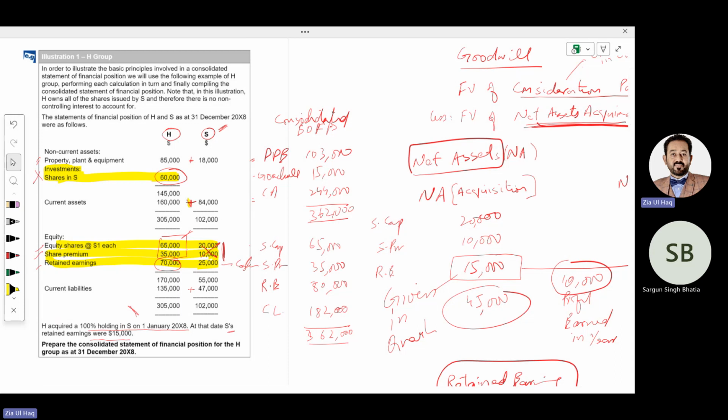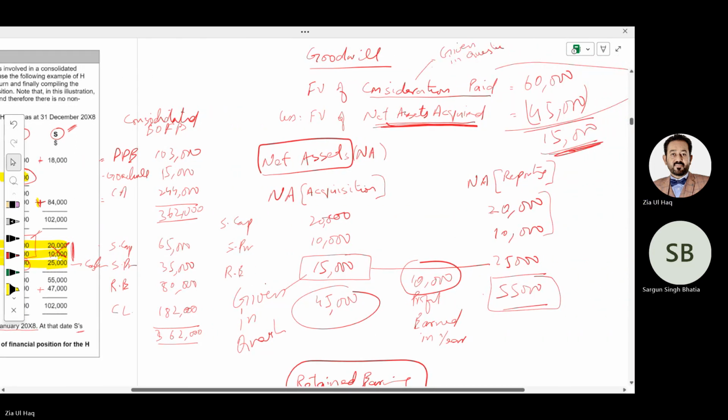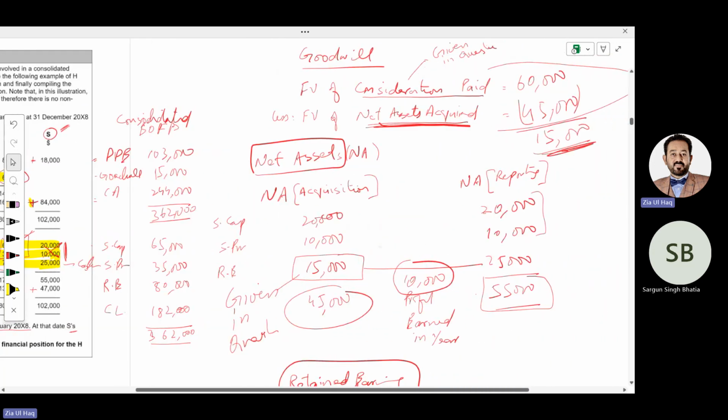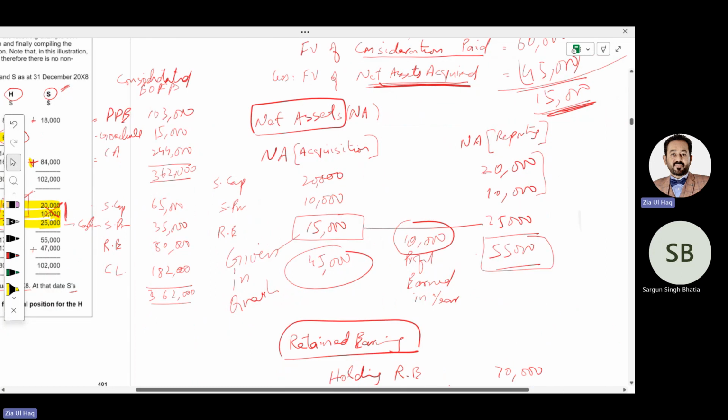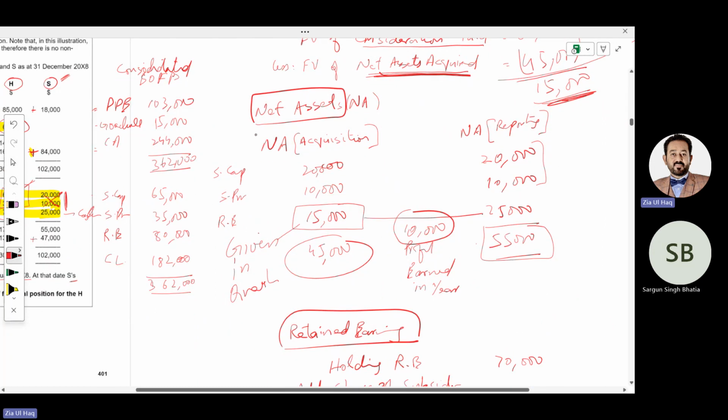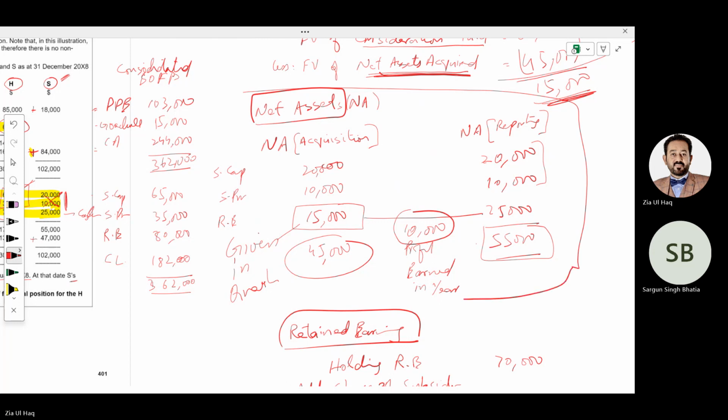Instead of this investment, we will record goodwill by calculating it. How to calculate goodwill? Consideration paid, that will be given in the question, less the fair value of net assets acquired, that we will calculate by using share capital of subsidiary, share premium of subsidiary, and retained earning of subsidiary.